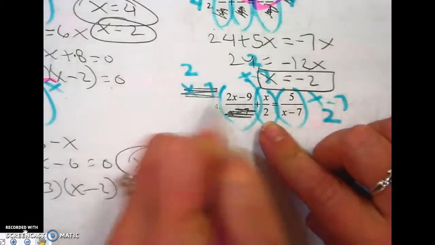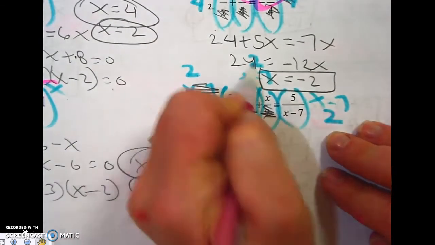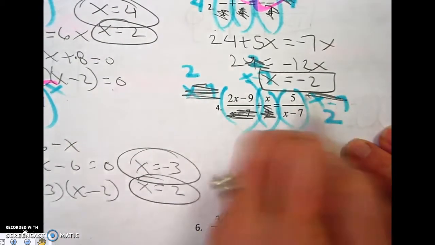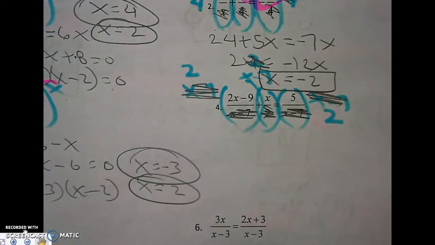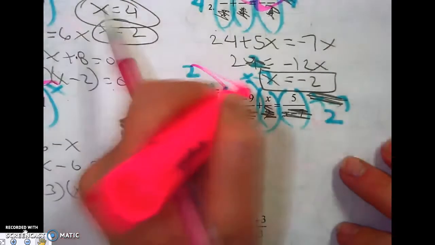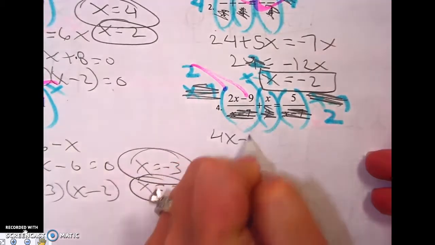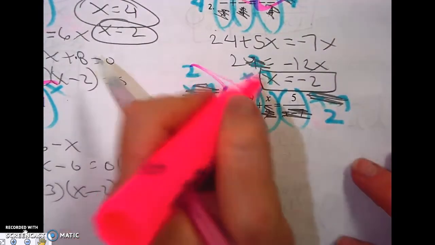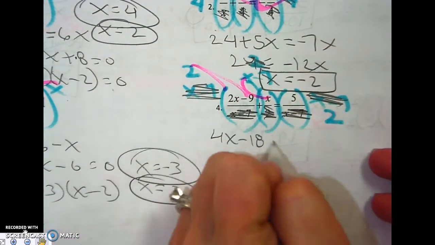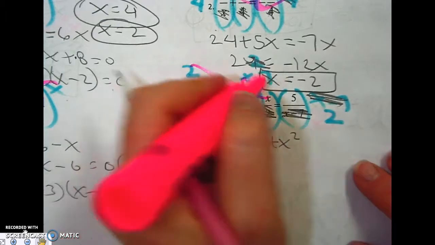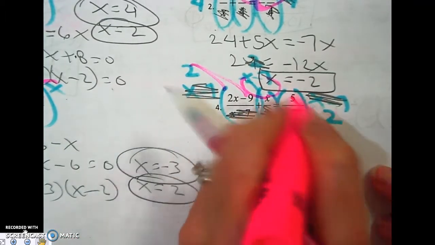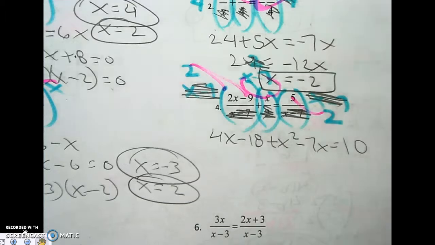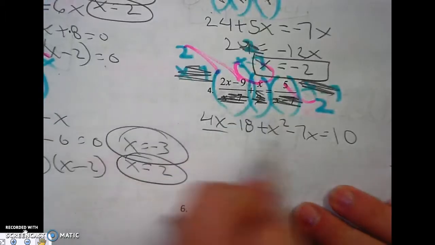Bottom, top, bottom, top, top, bottom. All the denominators are gone. I'm happy. Distribute, distribute. Distribute the x to the x, which is x squared. The x to the negative 7, which is negative 7x. And then the 5 times the 2 is 10. I have an x squared. Set it equal to 0.